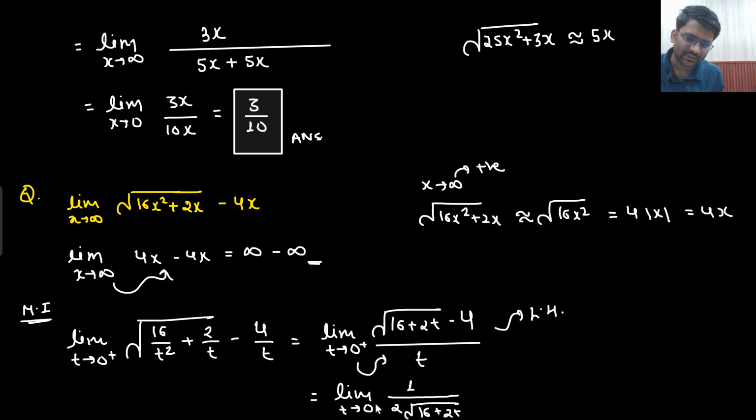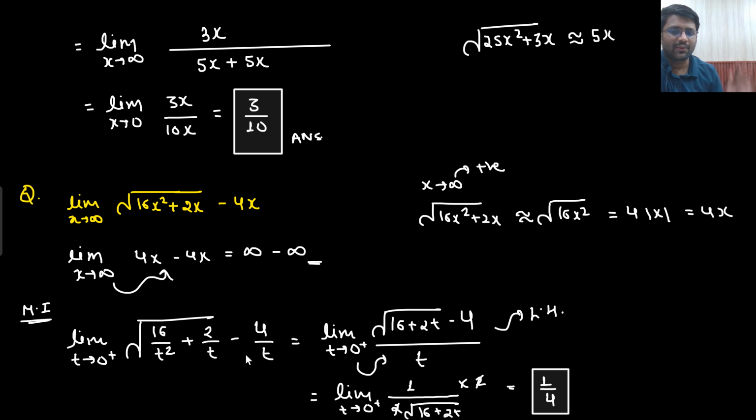Always remember it is t tending to 0 plus, 16 plus 2t, and differentiation of 2t will be 2 only. So this and this get cancelled out. Put t equals to 0 plus here. What will be the answer you will be getting? 1 by 4 will be the answer. Right? Do you agree to this point? 1 by 4 will be the answer here.